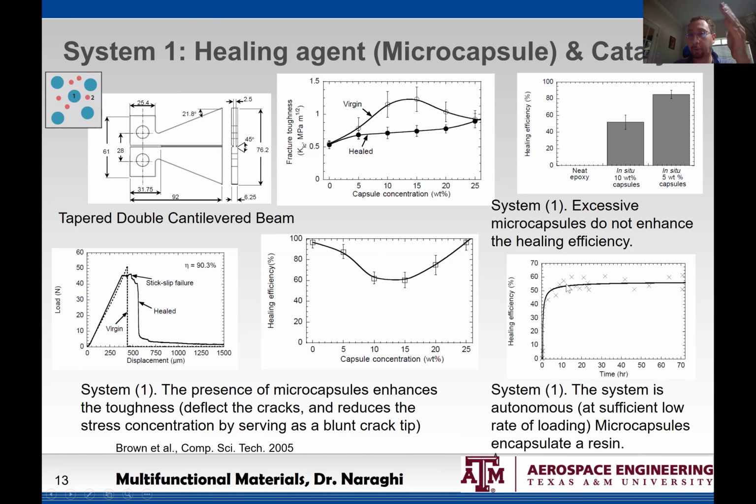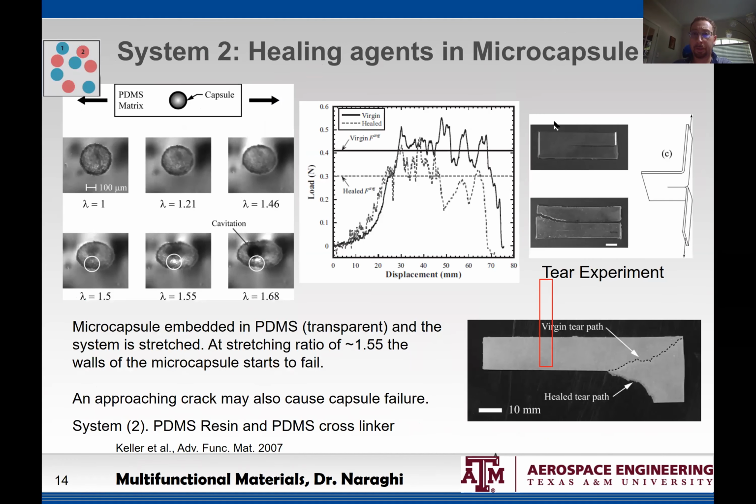This was for just one of these cases. And then the healing efficiency doesn't change as much with time. And that's because the chemical reaction we have in mind, actually most of it happens within the first few hours. So I am gonna stop here and go to the next video.